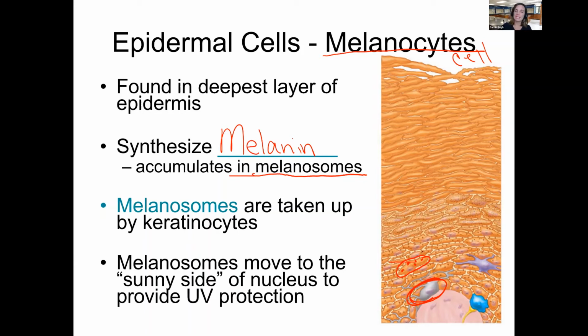So the melanocyte makes the melanin, puts it in a vesicle, and then lets keratinocytes take up the melanin. And so now these keratinocytes, which are making up the majority of your epidermis, are protected from UV rays. So remember, this is the pigment that when UV rays hit your skin cells, those little vesicles of melanin move to the sunny side of the nucleus and shade it out, create a little sunshade.